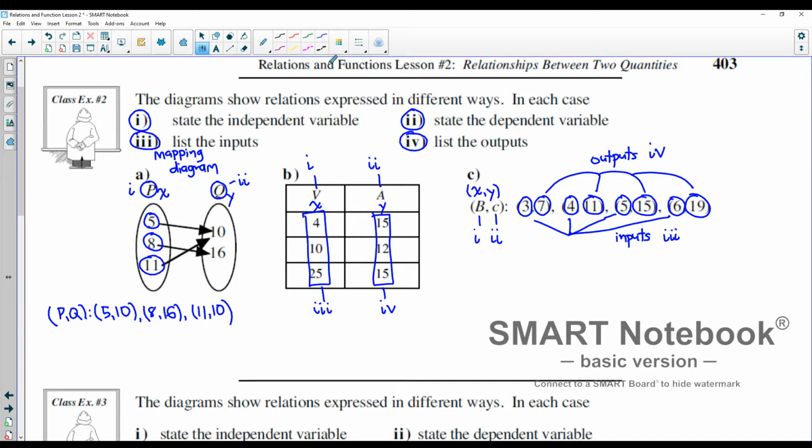Okay, so therefore, we can just highlight this. These are all the X values. So that's going to be your inputs. And then these values over here, those are all the different Y values. And those will represent the outputs.